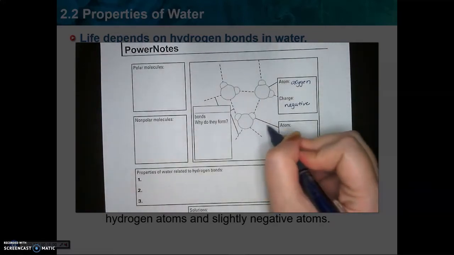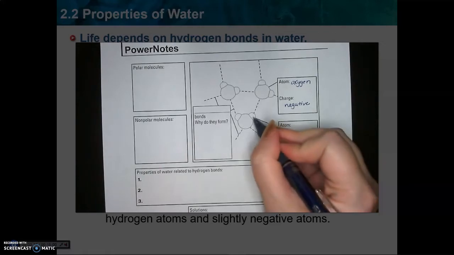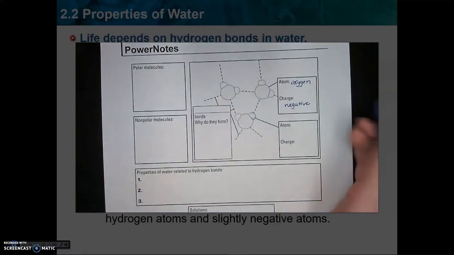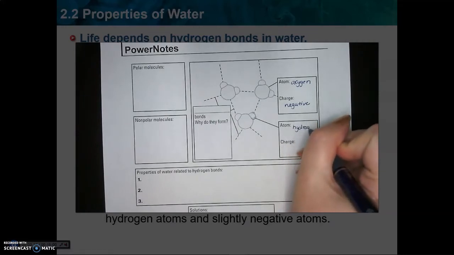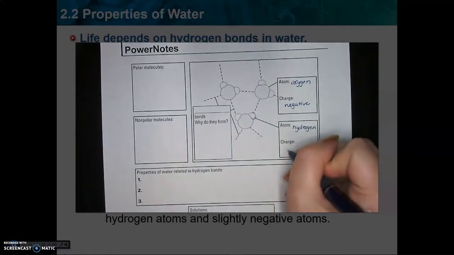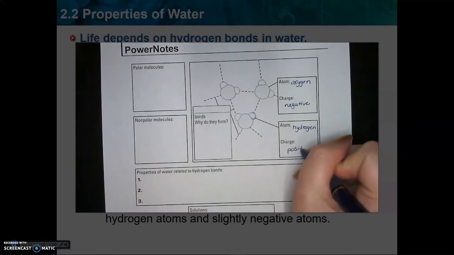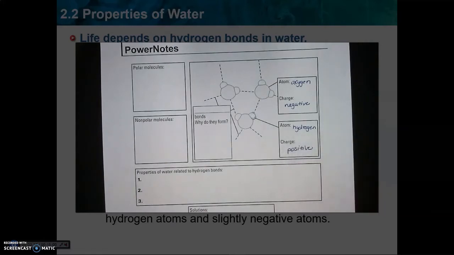And then on a separate molecule here, we now have the box pointing to what is this atom? Well, that is going to be our hydrogen. And we know the hydrogen has a slightly positive charge.